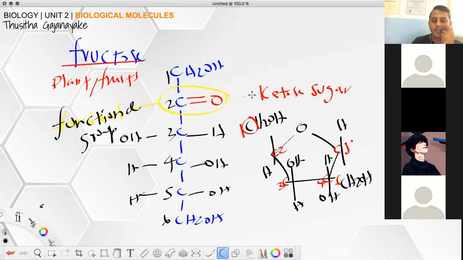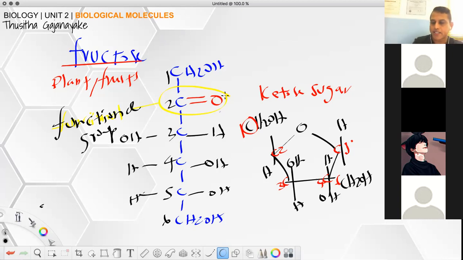Later on you're going to learn these sugars have reducing power. Reduction is gaining of electrons. Oxidation is losing electrons.